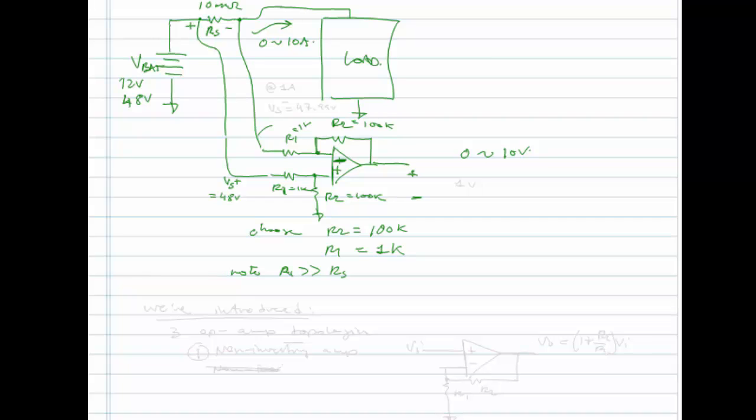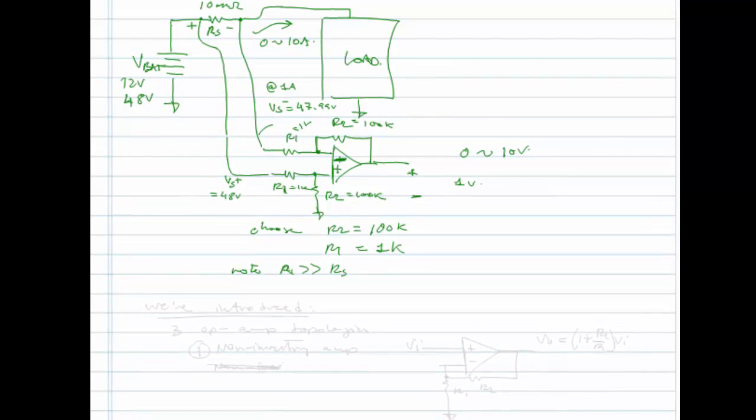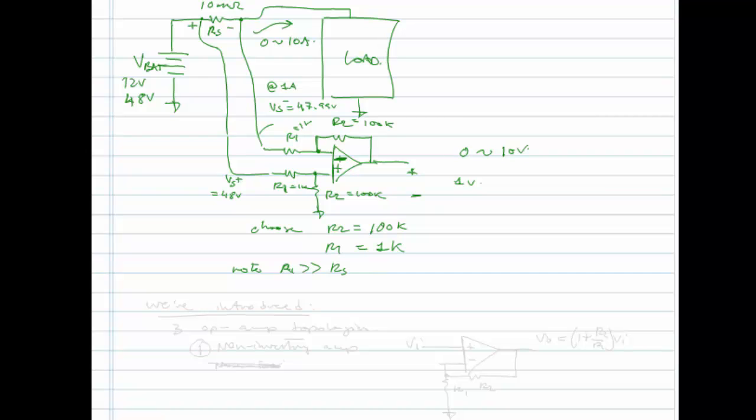And the voltage here, call it Vs minus, would be equal to 47.99 volts at 1 amp, right? So it's a tiny, tiny difference, and yet the amplifier would put out, in this case, 1 volt. So that's the power of a difference amplifier. It amplifies just the difference between the two voltages.